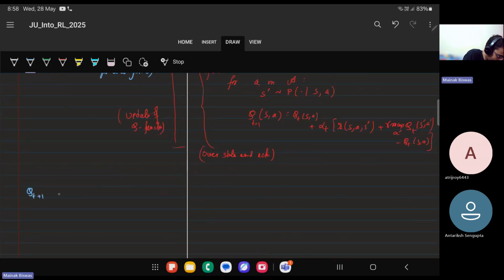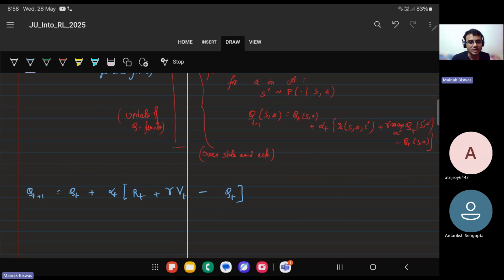Qt plus 1 is equal to Qt plus alpha t times Rt plus gamma times Vt minus Qt. Let us define each of these terms carefully.